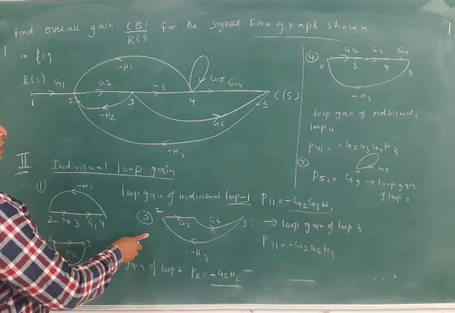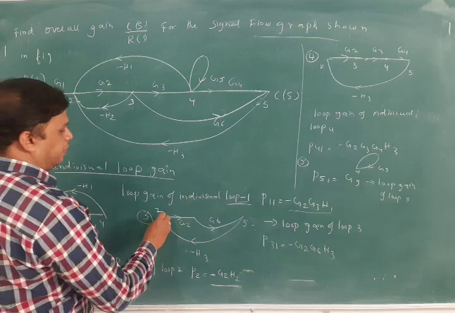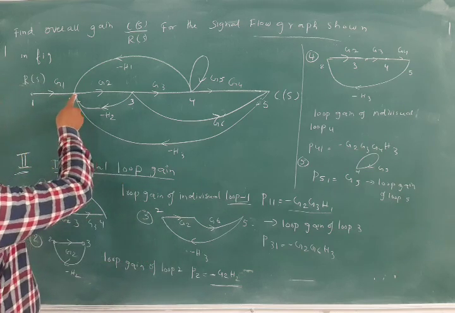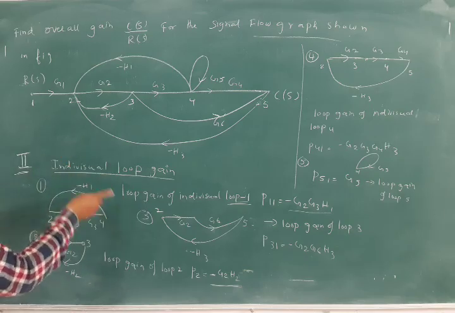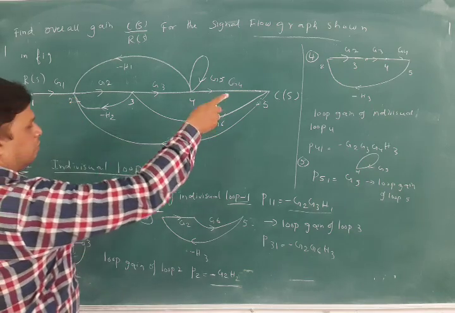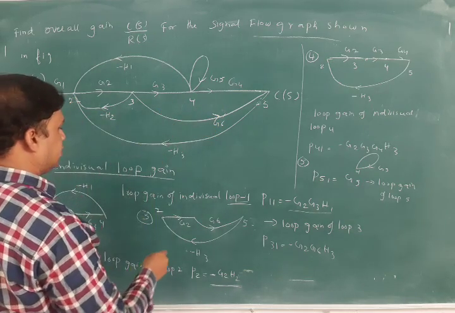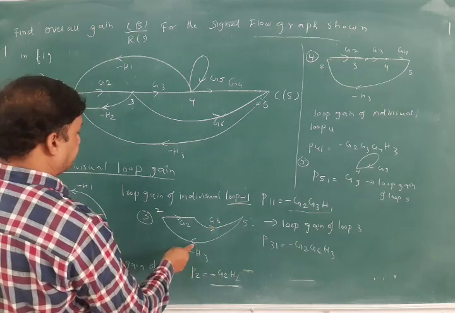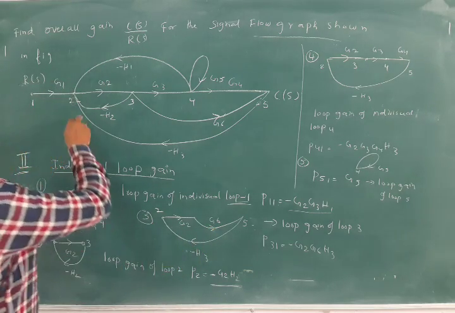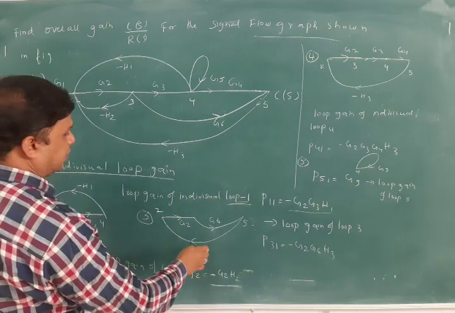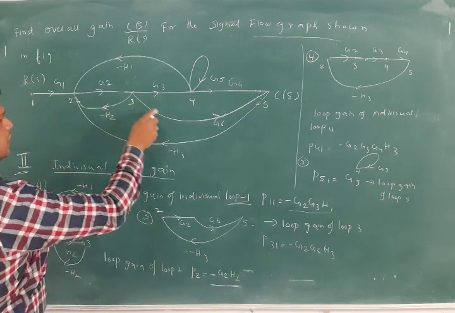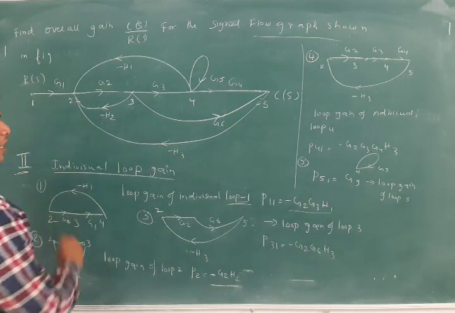And what is the third loop? Here the third loop is from 2 to a junction point, where from 2 you have the gains G2, G6 and minus H3. G2, G6 and minus H3 form one loop.